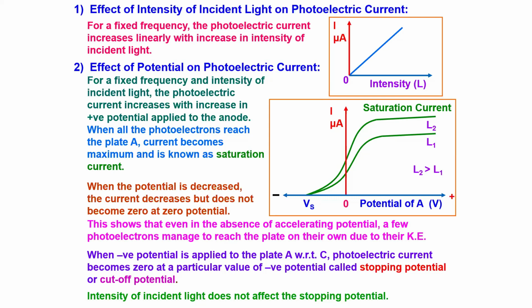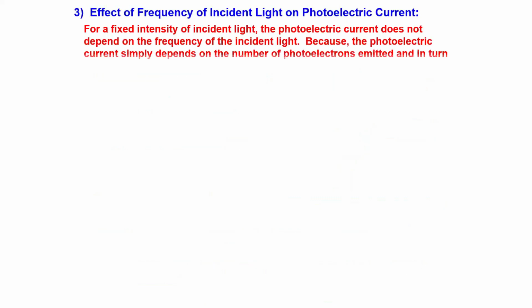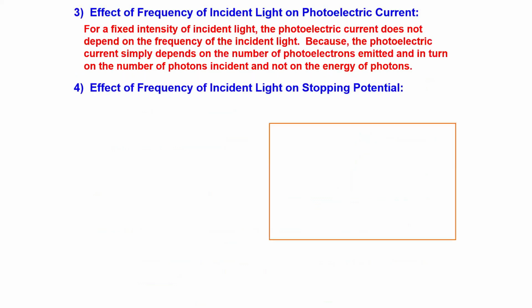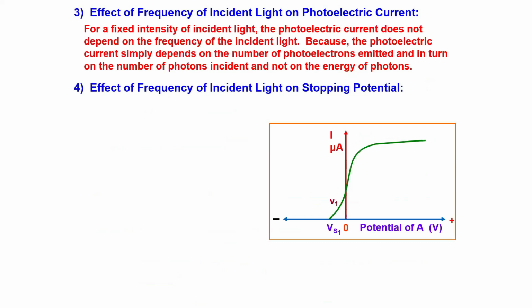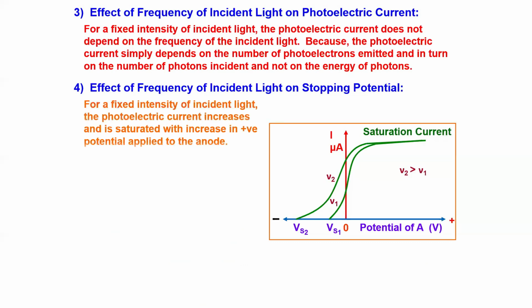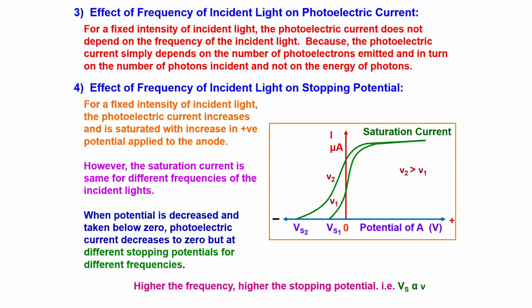The next one is about the effect of frequency of incident light on the photoelectric current. For a fixed intensity of incident light, the photoelectric current does not depend on the frequency of light, because the photoelectric current simply depends on the number of photoelectrons emitted and in turn on the number of photons incident, and not on the energy of a photon.